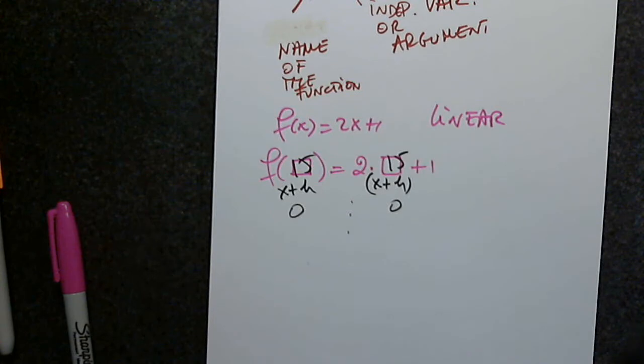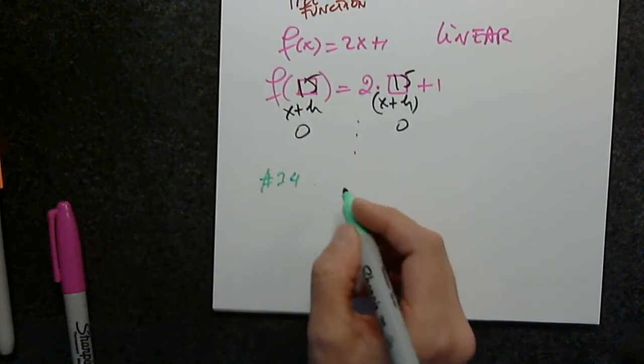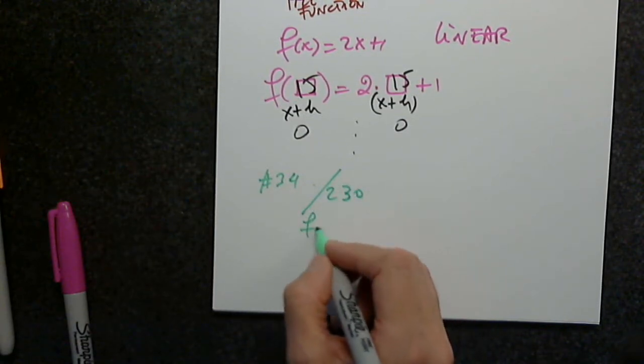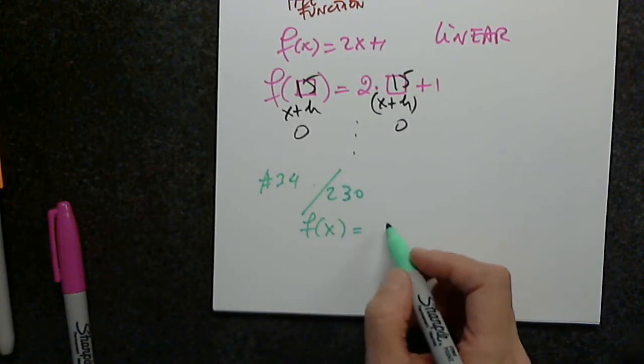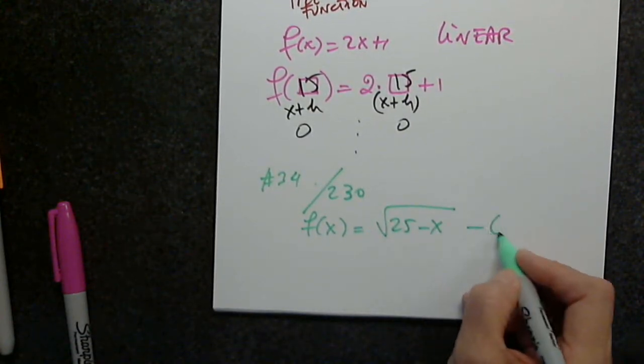So I don't see x. I see f of something equals 2 times that something plus 1. Very important to understand that concept. And now I would like to look at a function. Let's say number 34 on page 230. f of x equals the square root of 25 minus x, minus 6.